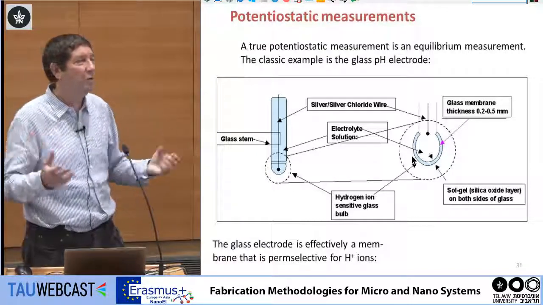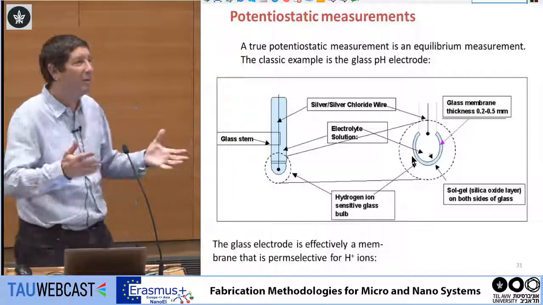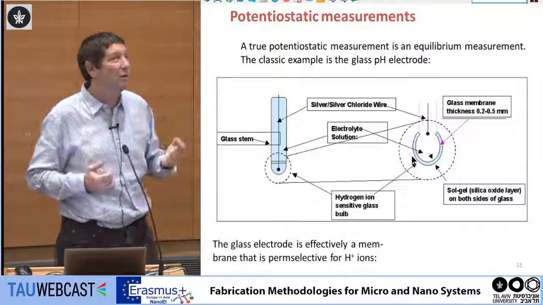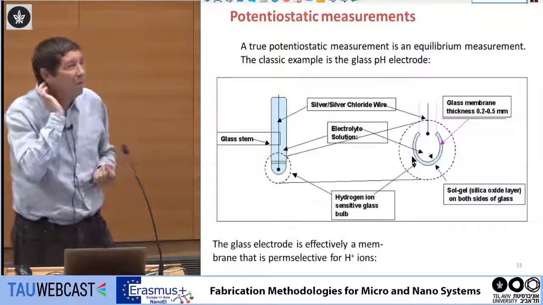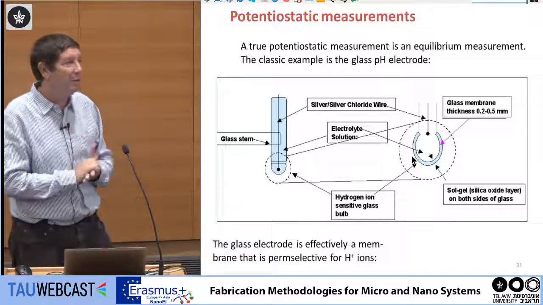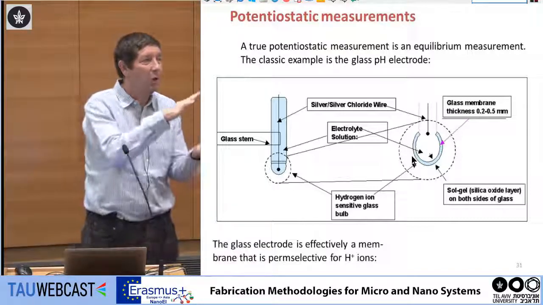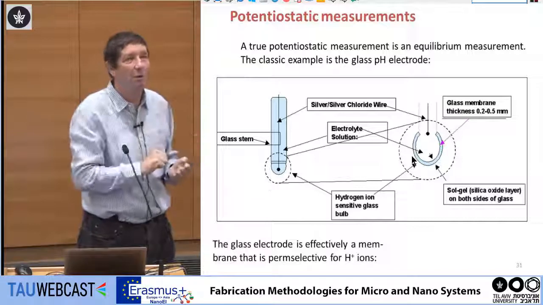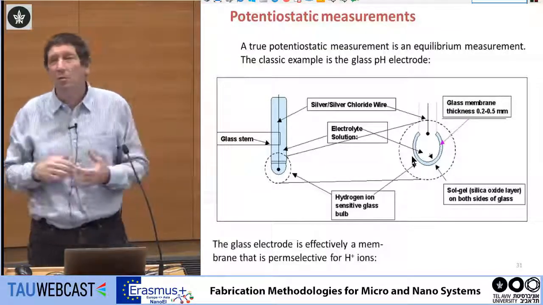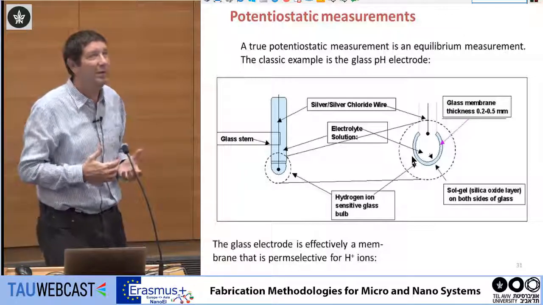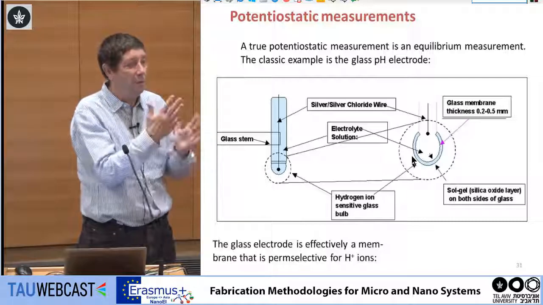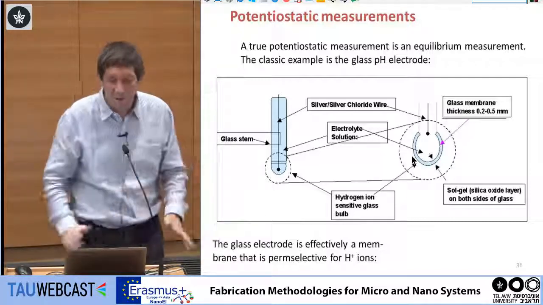If there is sodium, chlorine, potassium, there are many possible ions. Let's say I want to measure only protons. So what we usually do is put ion selective membranes: a material that only protons will go through, or only sodium, or only potassium. So to allow selectivity in electrochemical sensors, many times we coat them, or put an ion selective membrane between the electrode and the solution.